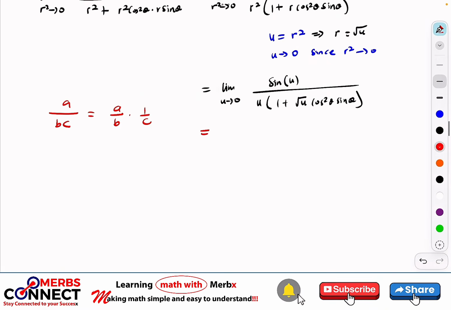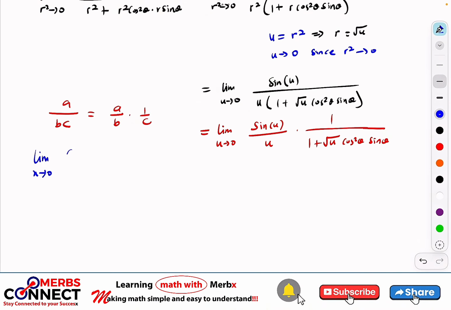So this is the same as the limit as u approaches 0 of sine u divided by u, times 1 divided by 1 plus square root of u cos squared theta sine theta. Why did I do this? I did this because I remember one theorem from trig limits: if x is approaching 0, the limit of sine of x divided by x gives me 1.